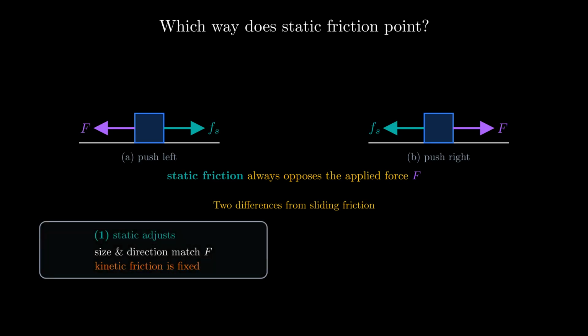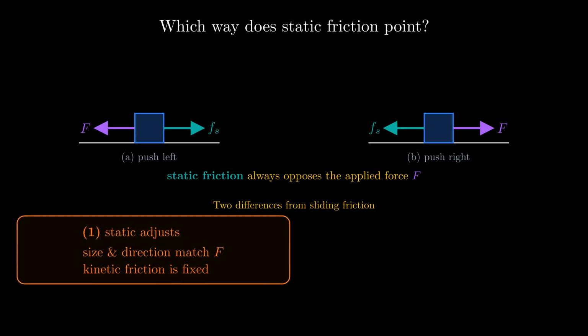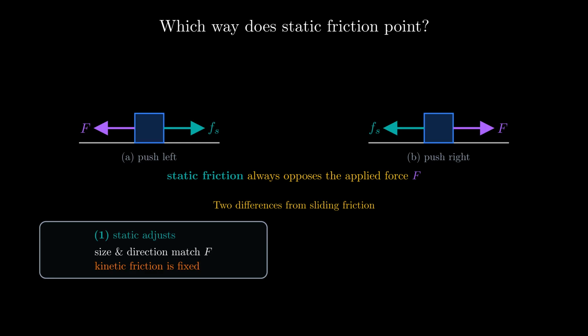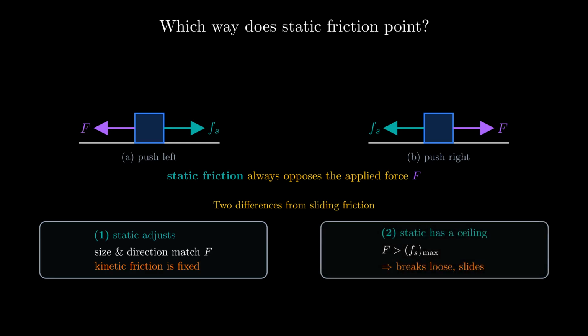First, static friction changes its size and its direction to match the applied force, while kinetic friction stays fixed. Second, static friction has a ceiling. Push along the surface harder than the maximum static friction, and the object can no longer hold. It breaks loose and switches to kinetic friction. That threshold is the just slipping condition.